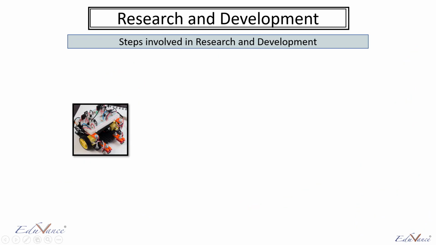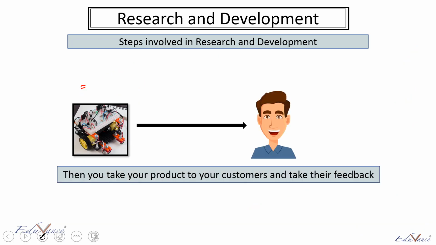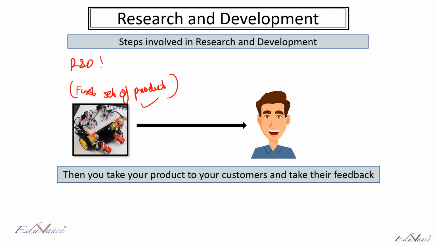What is that step? You should take a first set of products. So once you have finished R&D, you should take the first set of products to your customers. So I hope you remember in our previous lectures, we have identified who our customers are.